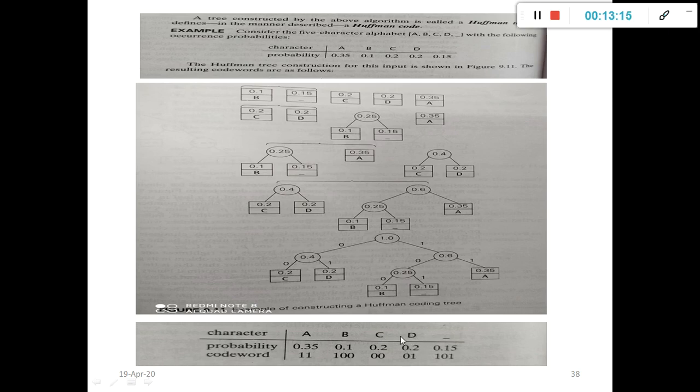Similarly, the code word for character D is found by following the path from the root to that particular character. Hence, the code word for character D is 0 and 1. And finally, the code word for the character underscore is 1, 0 and 1. This example shows how to generate a Huffman coding tree by assigning a unique code to each and every character.